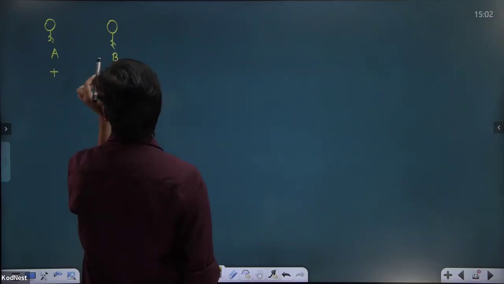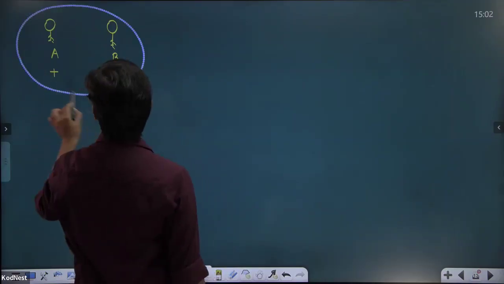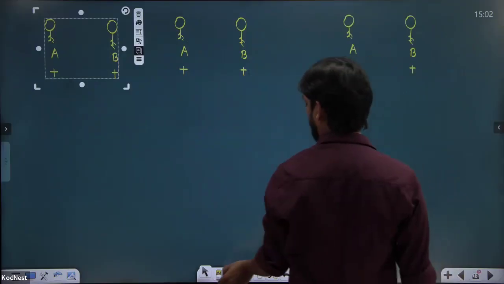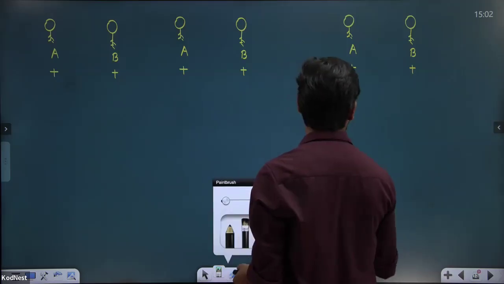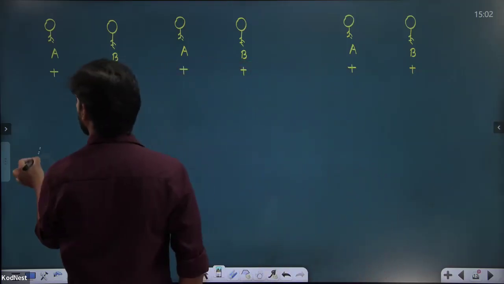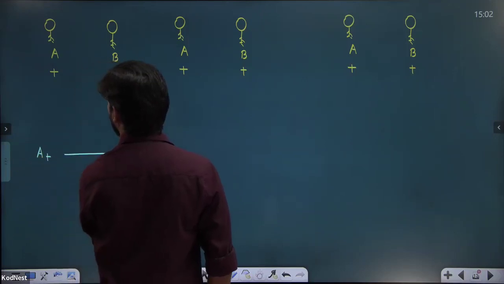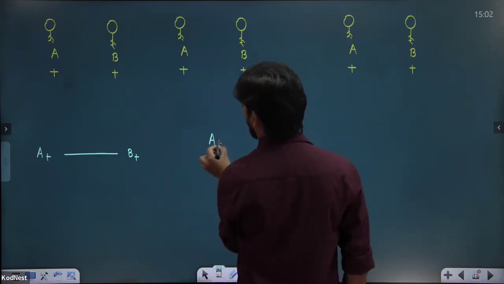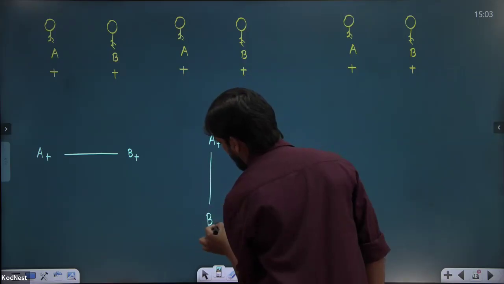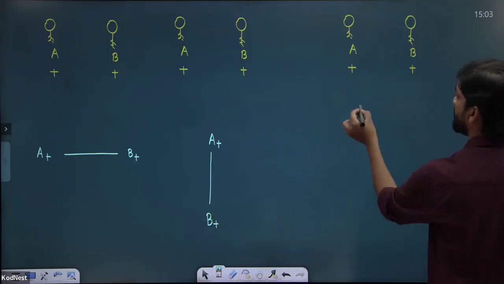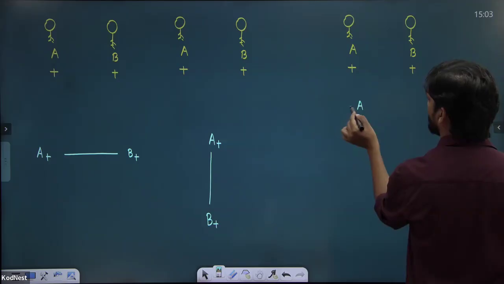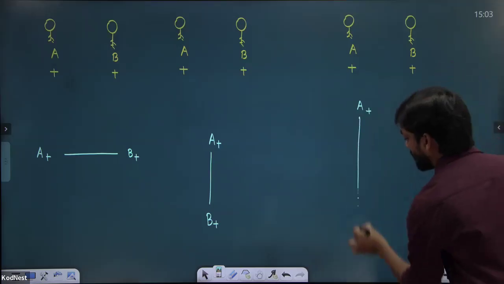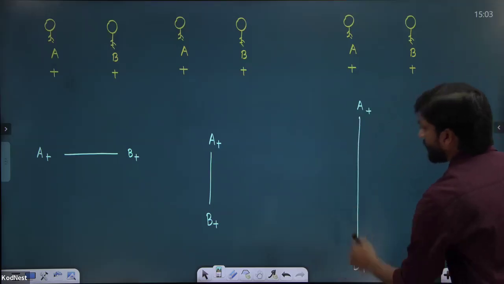Suppose both are plus. Okay, think please. All right.